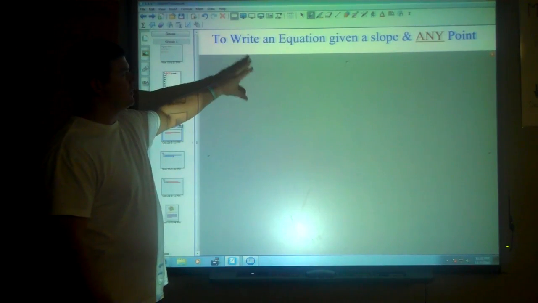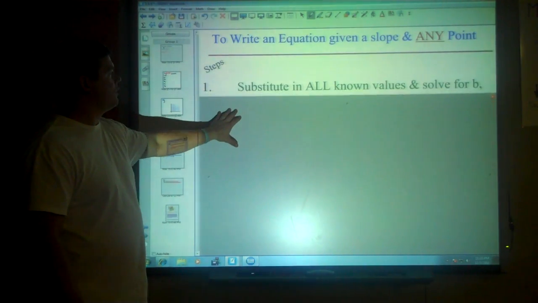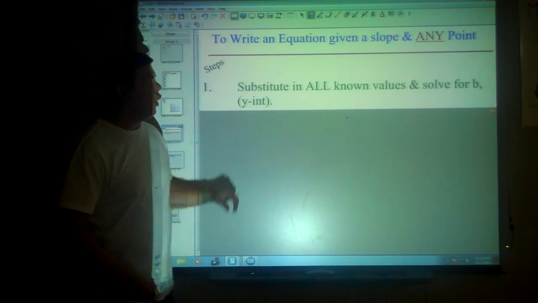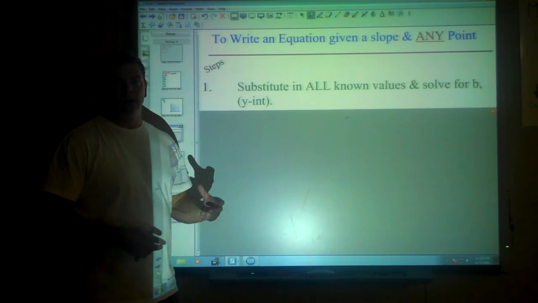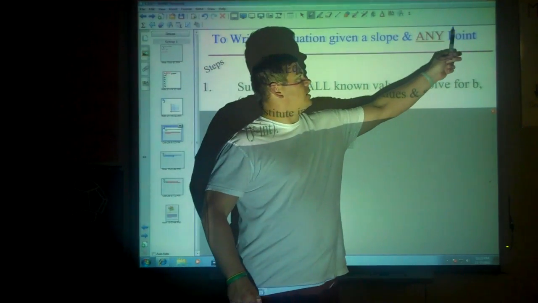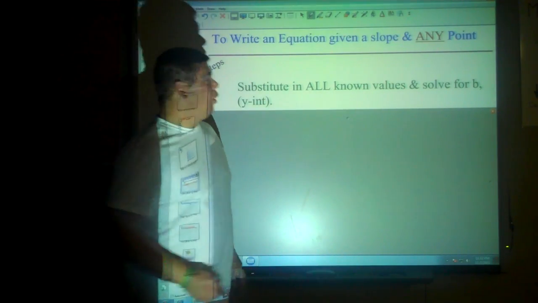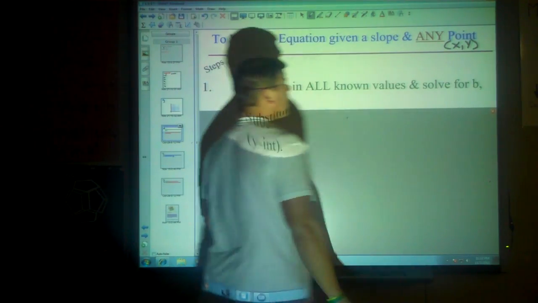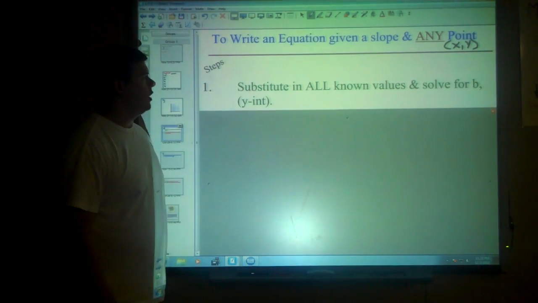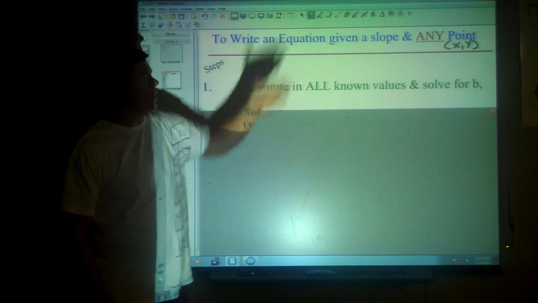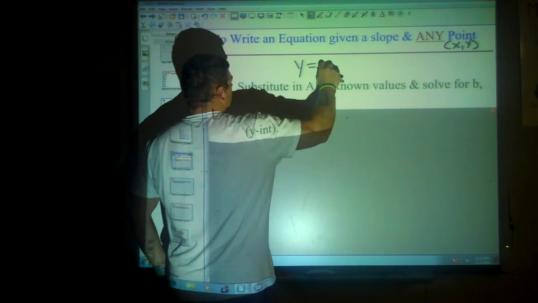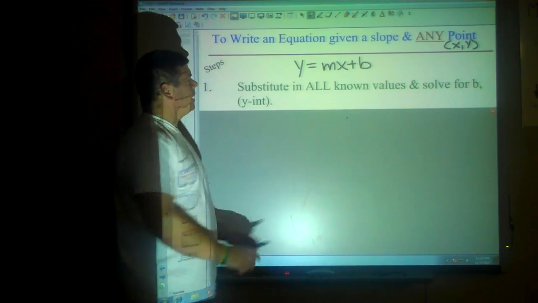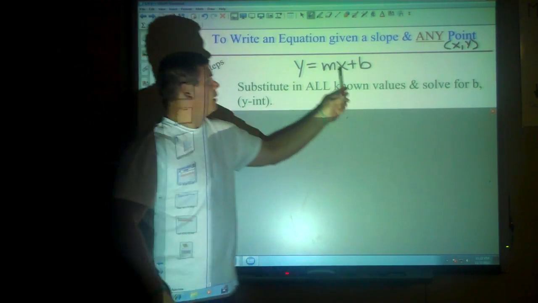So to start with, I'm going to give us some little steps here. The first step is we want to plug in all the known values that we have. If you're given a point, remember a point is always made up of an x and a y. Well, if we have an x and a y, and we're starting with y equals mx plus b, then we should be able to put that x value right here.